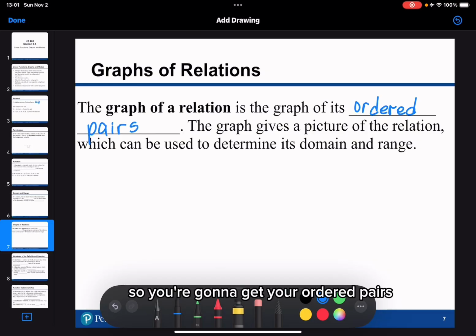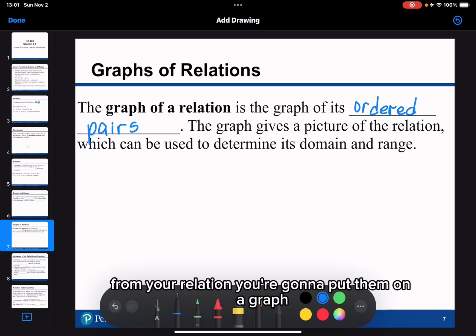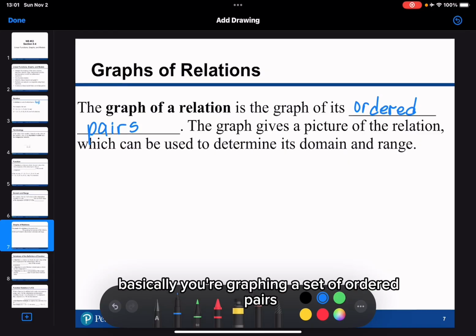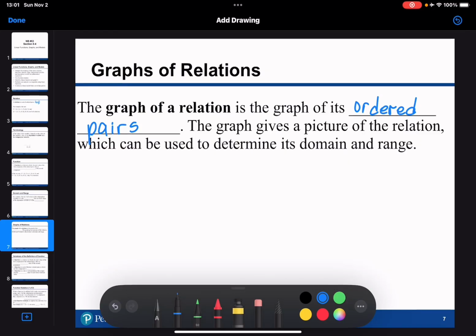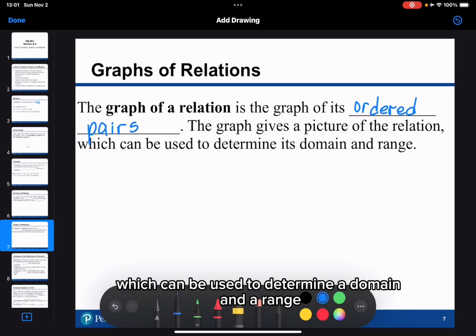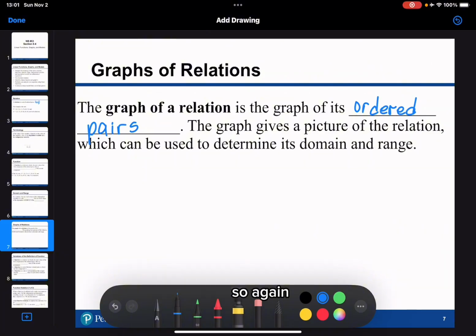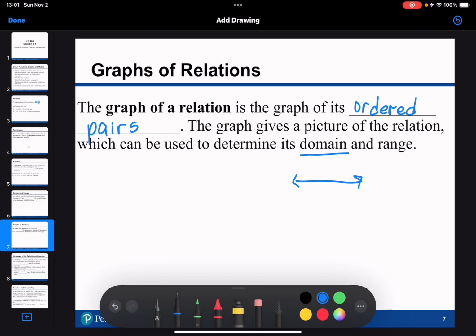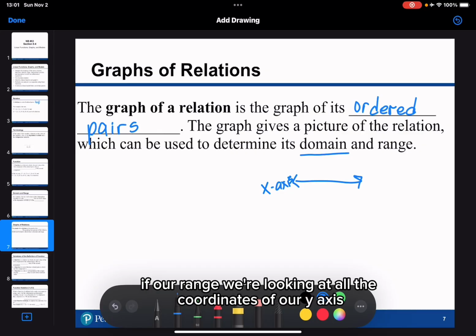So you're going to get your ordered pairs from your relation and put them on the graph. Basically, you're graphing a set of ordered pairs. The graph gives a picture of the relation which can be used to determine a domain and a range. So again, for domain, we're going to look at all the coordinates on our x-axis. For range, we're looking at all the coordinates on our y-axis.